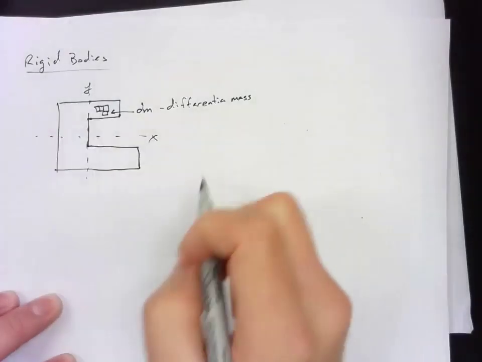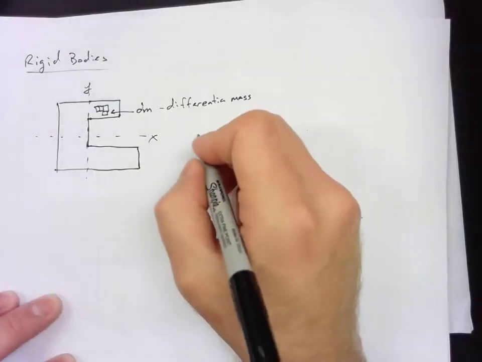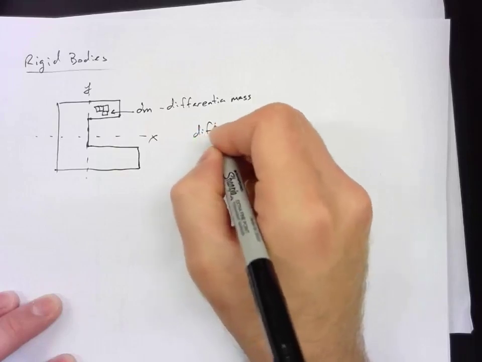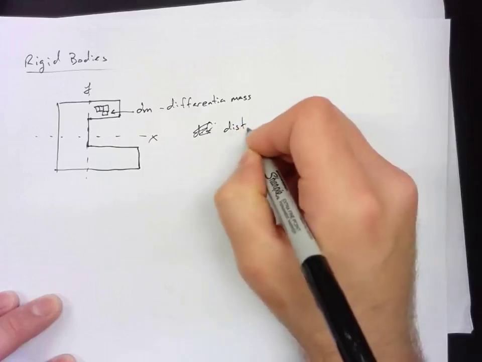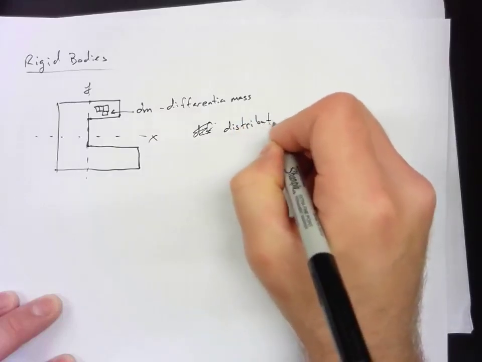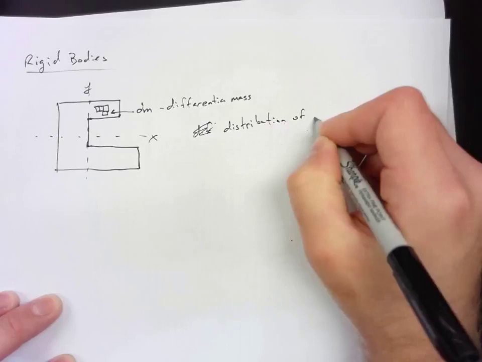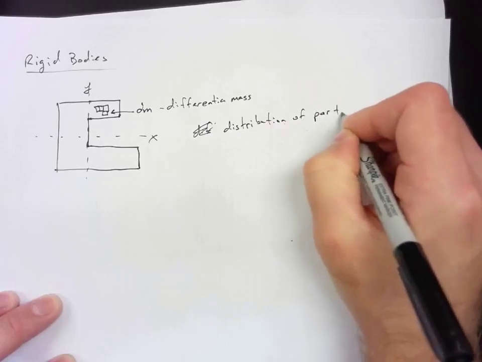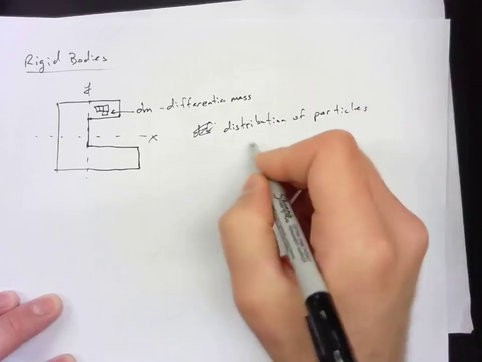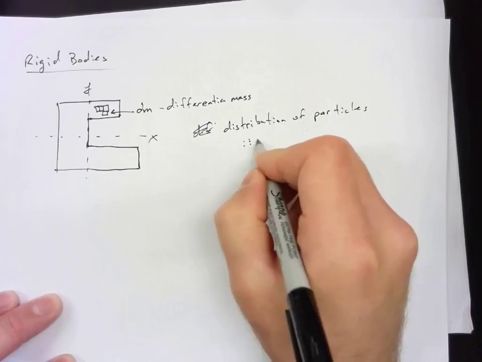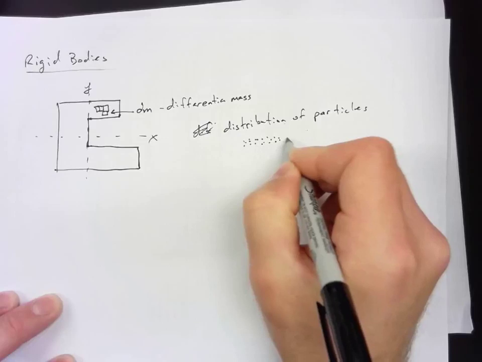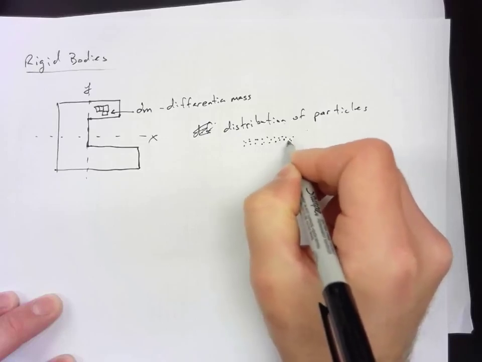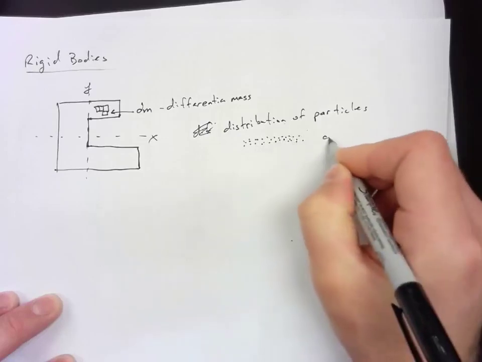Now, for this, our distribution of particles, we would hope would be even. Which means throughout the object, they are approximately evenly spaced. Okay, so that would be a constant.